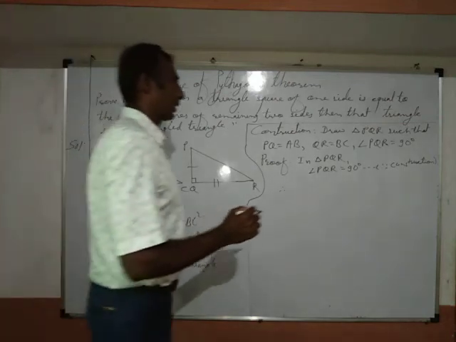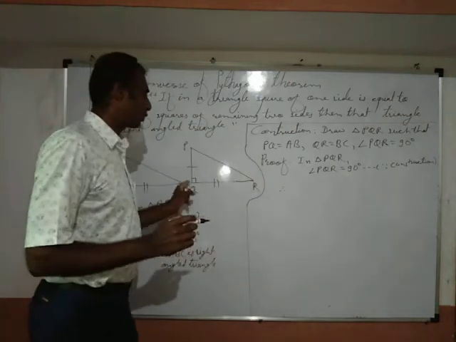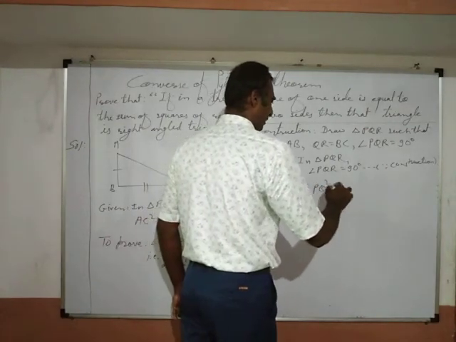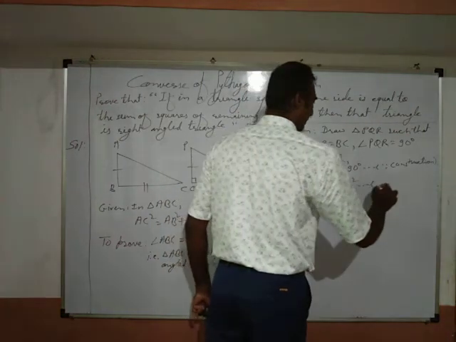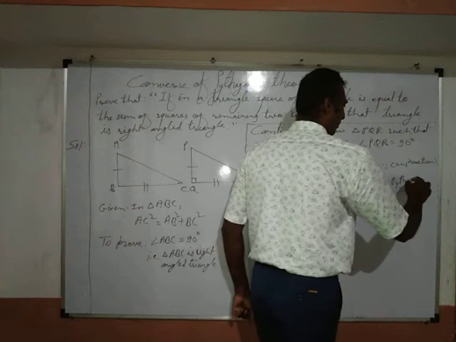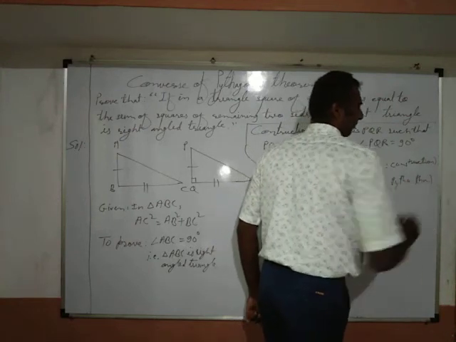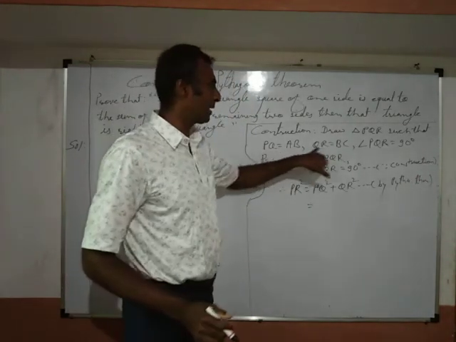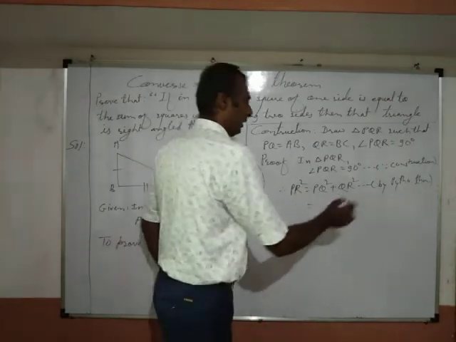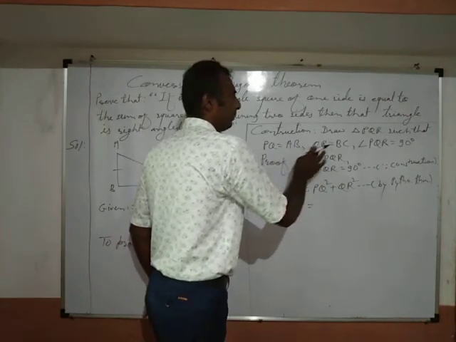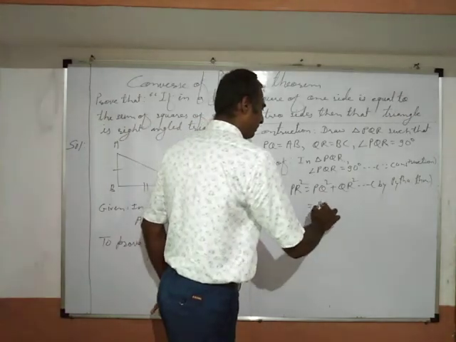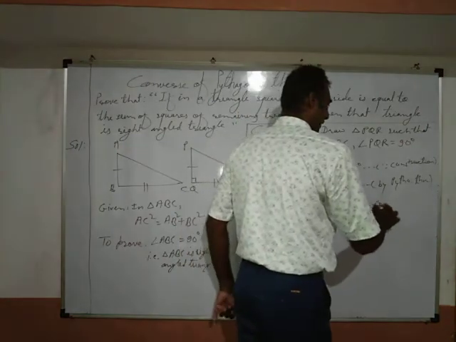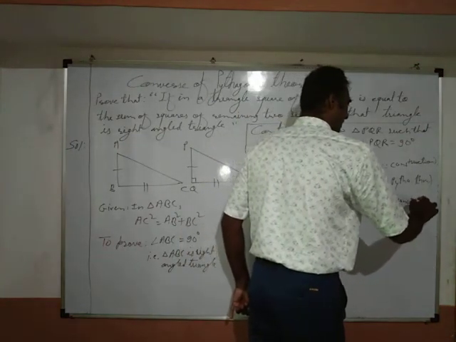According to Pythagoras theorem, we can write PR square equals PQ square plus QR square, by Pythagoras theorem. Okay, but our construction tells us PQ equals AB and QR equals BC. Let's put PQ as AB and QR as BC, means it will be AB square plus BC square. Let's call it number 1.